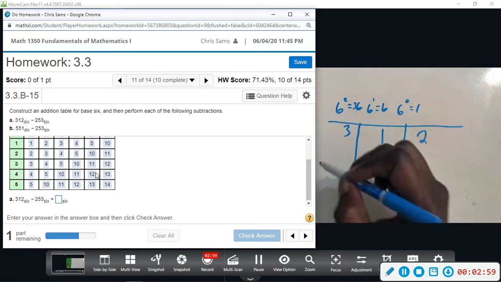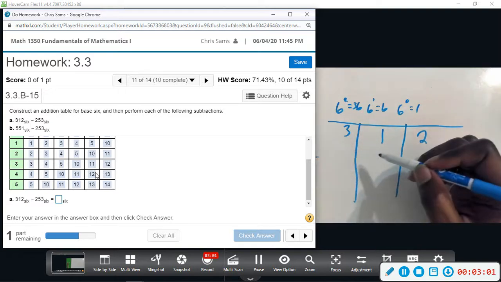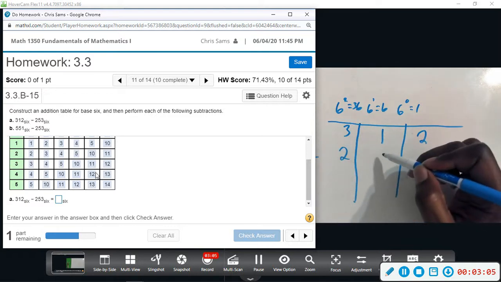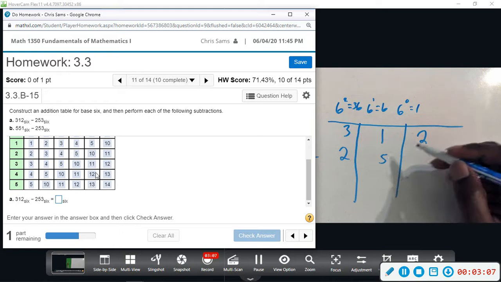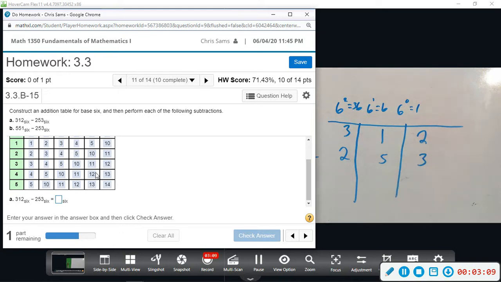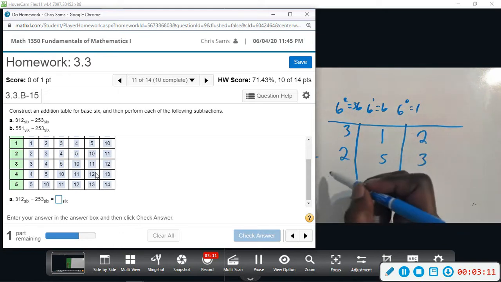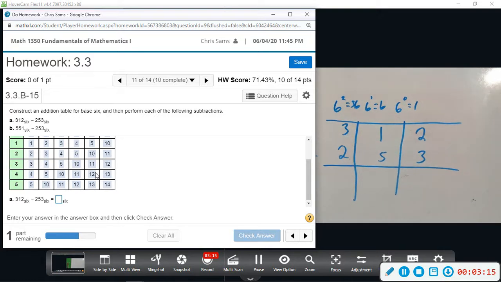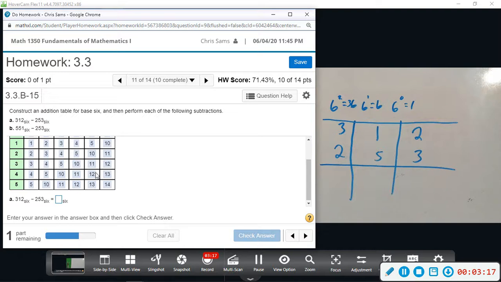Okay, and we're going to be subtracting on the bottom 2, 5, and 3. Okay, so since we are in base 6, this is the original problem that we're starting with.